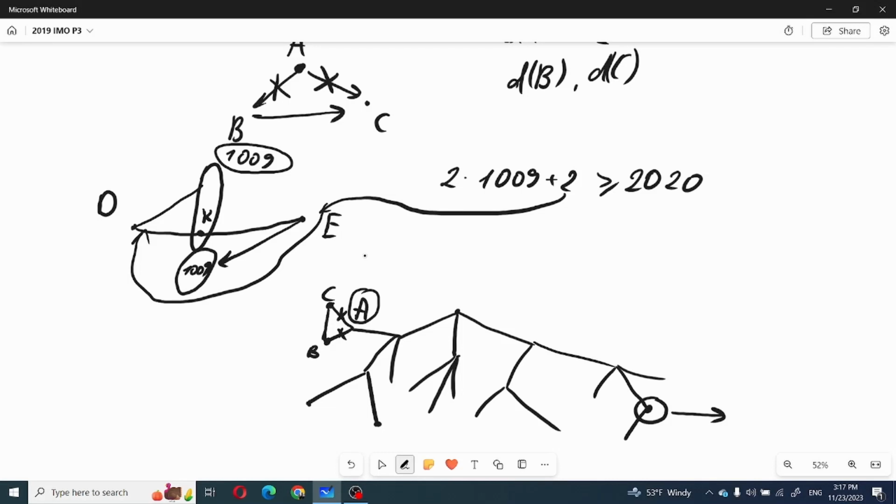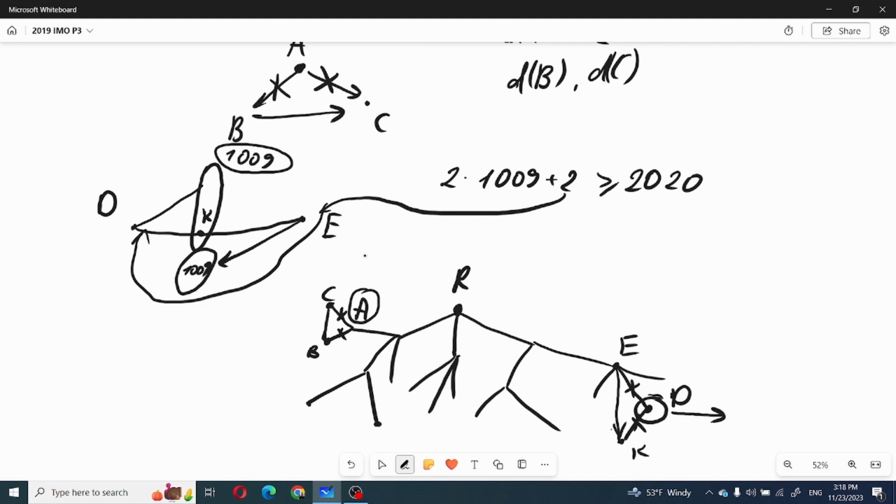Call these D, E, and K. If we make the operation for D, E, K, E will be connected to K, and the DK and DE edges will be cut off. So D will be a new island. We can make these moves until all of them are connected to the initial root vertex, and after finitely many operations we can get there.